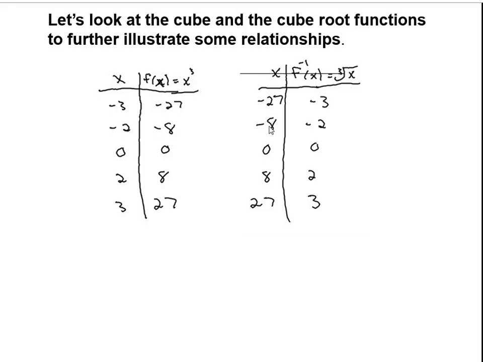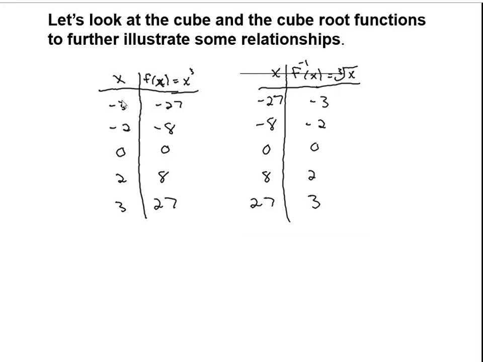And if -8 is the input to the cube root, -2 is its output. And 0, and then cube root of 8 is 2, cube root of 27 is 3. So again, it's just trying to visualize this with an equation. If 3 is the input to the cube, 27 is its output, then if 27 is the input of the cube root, then 3 will be its output.